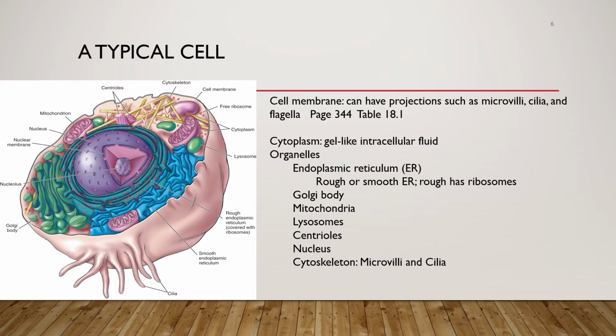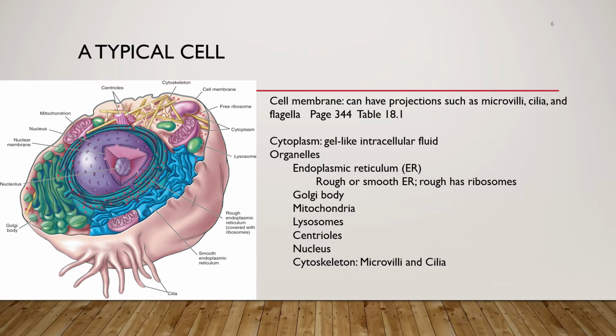As I mentioned, on the bottom of page 344 is that table that has the cell structures listed along with their functions. The picture that you're seeing on this slide is on page 346, and everything about this you want to become familiar with. I do want you to be familiar with the gel-like substance, the cytoplasm.